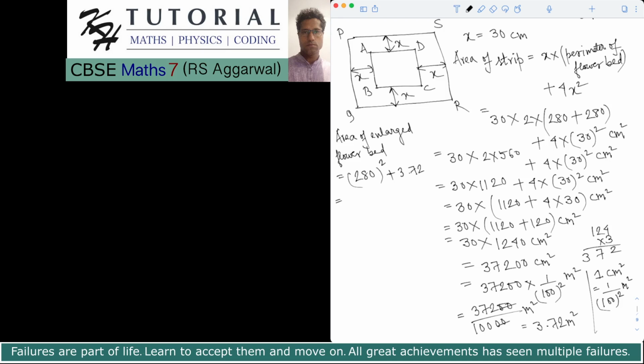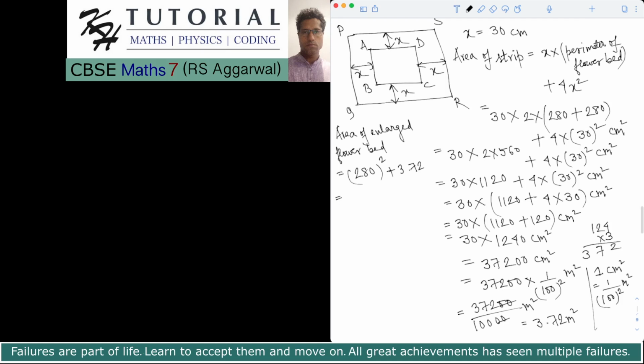Now how much is the area of the enlarged flower bed? Please note that 280 square is the area of the square flower bed in centimeter square, and the 3.72 is the area of the strip in meter square.